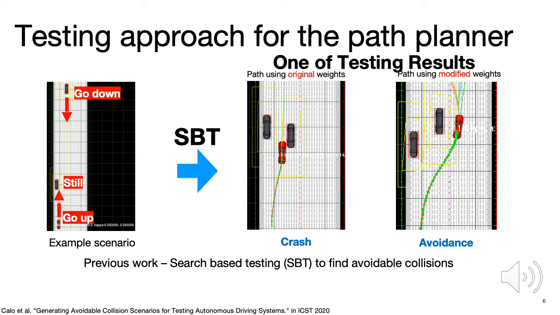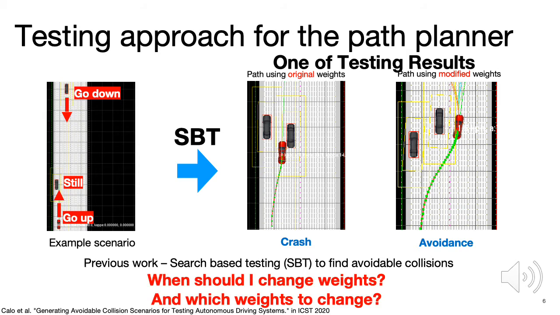So we want to know how, from all of this information, we can re-engineer or improve our path planner. More specifically, when should the path planner change weights, and which weights should it change at runtime? This is in addition to the testing phase before the software is released.